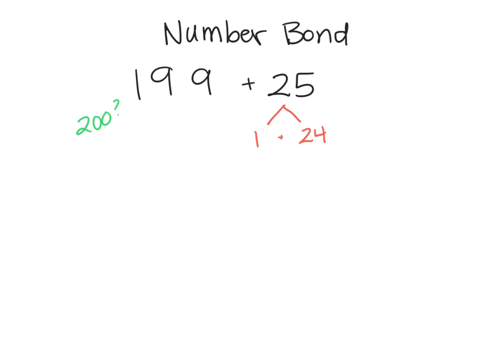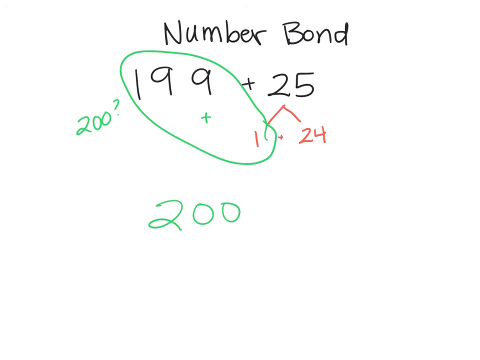So now I'm going to take these two numbers and create a simpler equation. 199 plus 1 is equal to 200, plus my 24 is going to get put down as the other addend, and so 200 plus 24 is equal to 224.